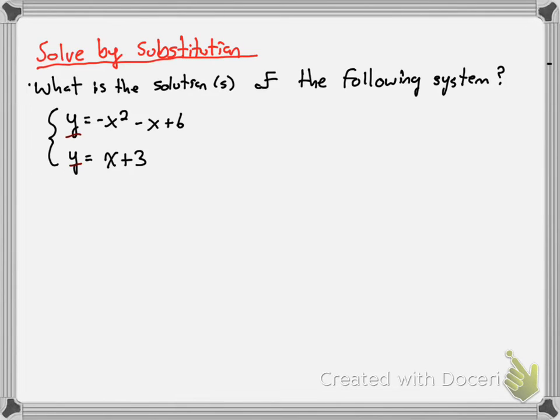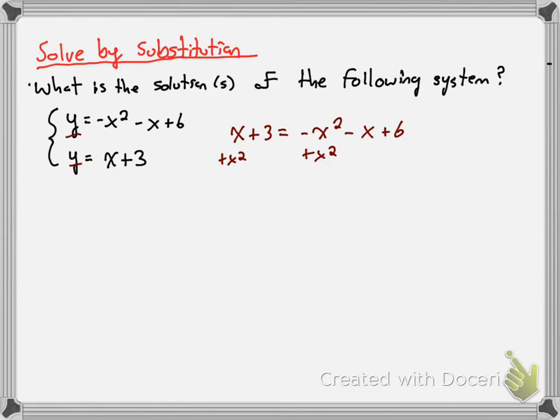So I'm going to write out my new equation as x plus 3 equals negative x squared minus x plus 6. From here, I have an equation that's similar to what I've been working with throughout this chapter. I want to get everything to one side or to equal 0, and then I can go from there. So first, I'm going to add over my x squared.